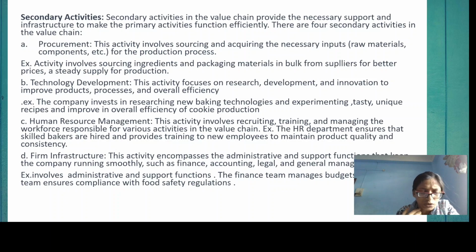For example, the legal department will take care that the company is in compliance with food safety regulations and other government laws. Again, the finance team manages the accounts, budgeting and all sorts of activities.